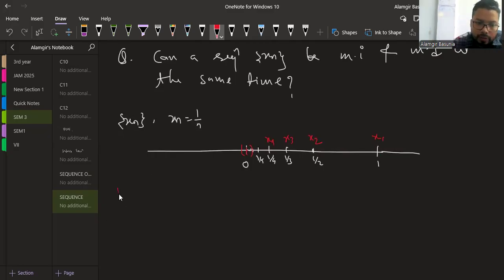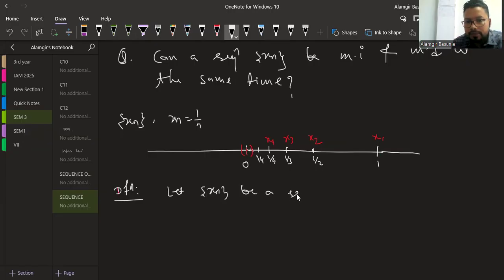Okay, first I want to give you the formal definition, then we will come to the explanation. What is the definition of convergence of a sequence? Let x_n be a sequence, and let L belong to the real numbers, be any real number.